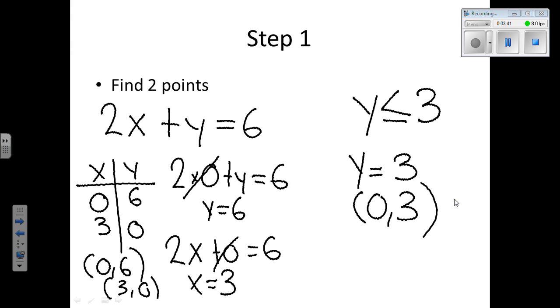Since y is less than or equal to 3, I can just make y equal to 3. So my new coordinate point for that one is 0 and 3.